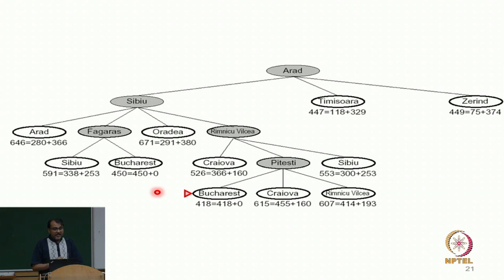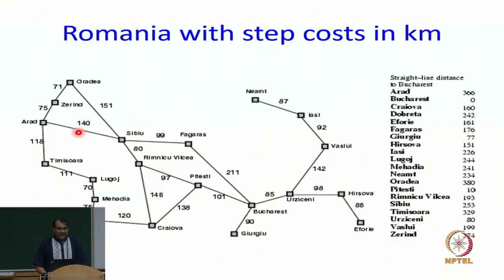So, when I remove Bucharest, that is when I find the path that the algorithm returns, and the algorithm returns Arad, Sibiu, Rimnicu Vilcea, Pitesti and Bucharest as my final path, which is, if you go back to the map, Arad to Sibiu to Rimnicu Vilcea to Pitesti to Bucharest. And the alternative path we have found is Arad to Sibiu to Fagaras to Bucharest, but even though it has fewer cities, the distances are high, and so this is not the path that we return.